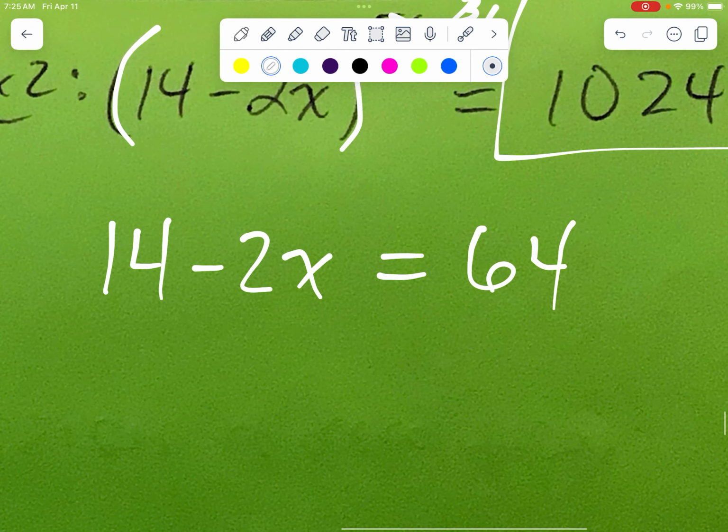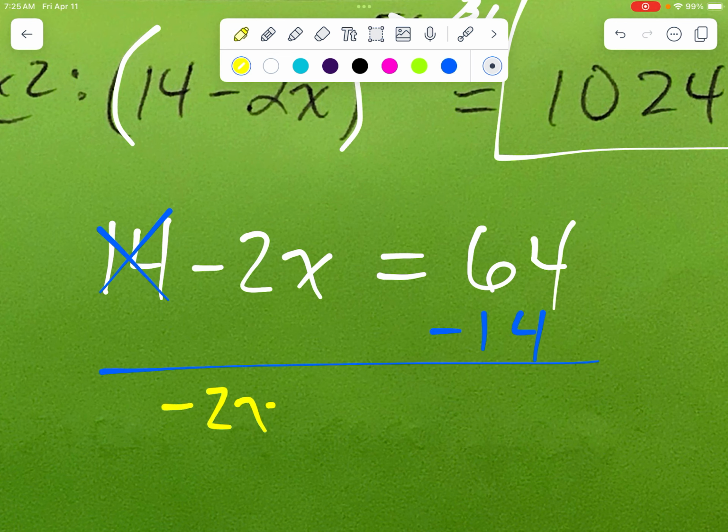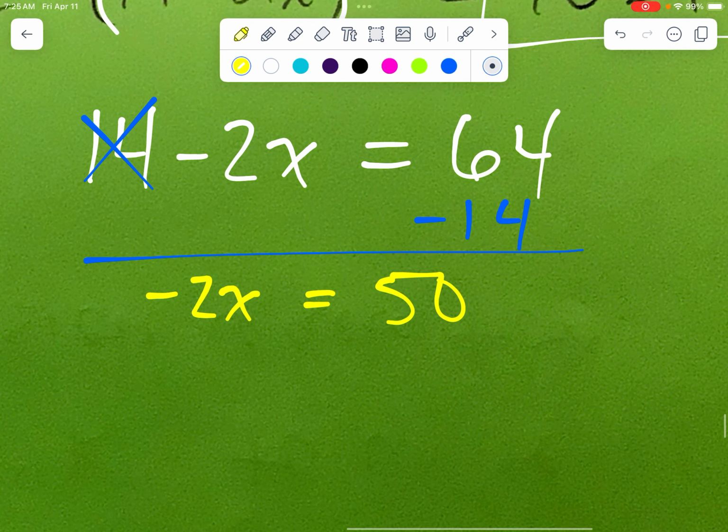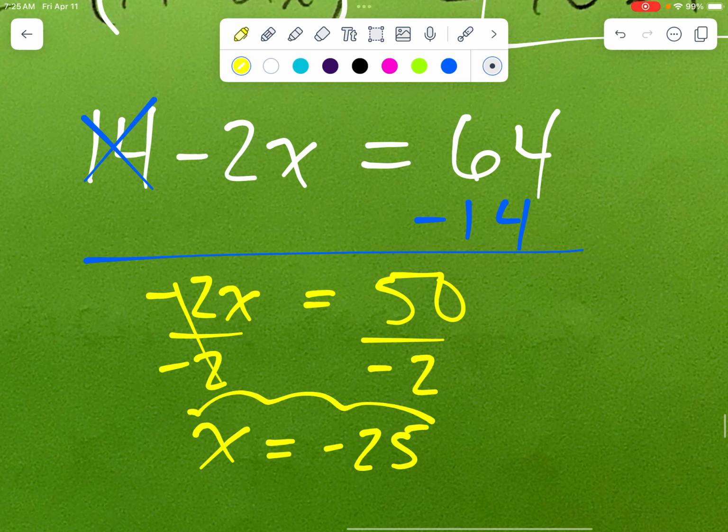Now we're ready to solve this like we normally would. We're going to start with add and subtract. We're going to do the opposite of positive 14, so subtract 14 from the other side. We have negative 2x equals 50. Divide by negative 2, divide by negative 2. x equals negative 25.